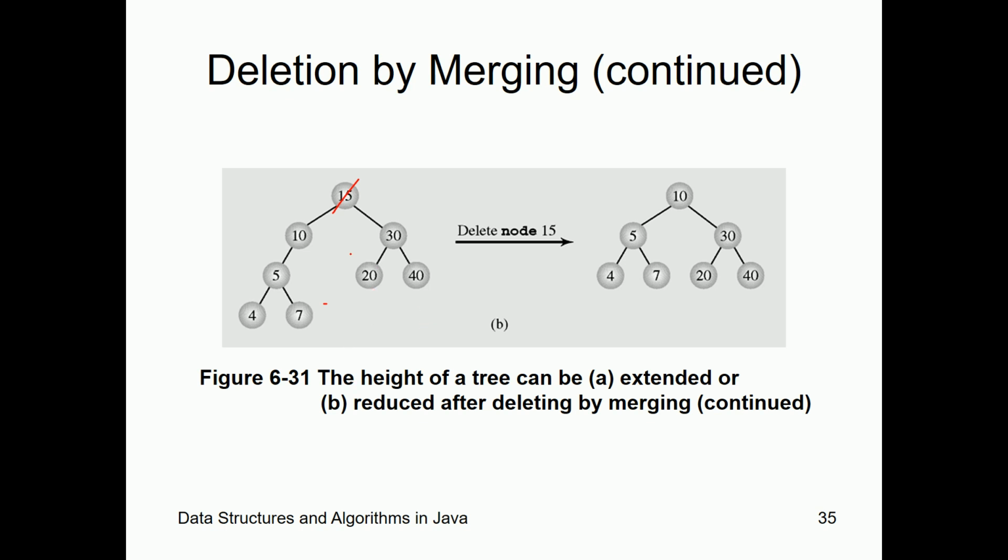but instead of taking this and putting it on the right side of the one on the right, the one on the left, we just take this and put it on the right side of the one to the left.